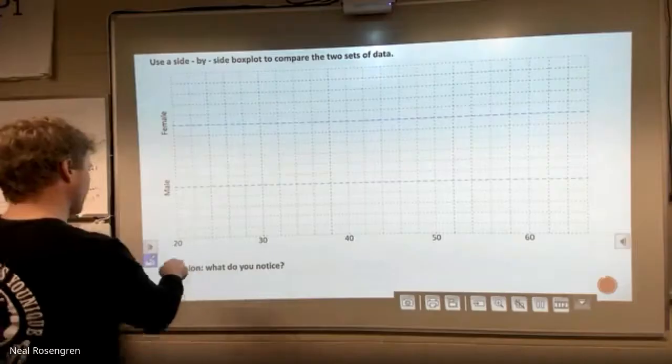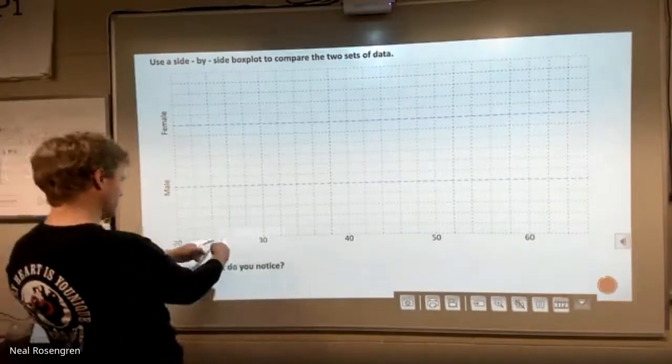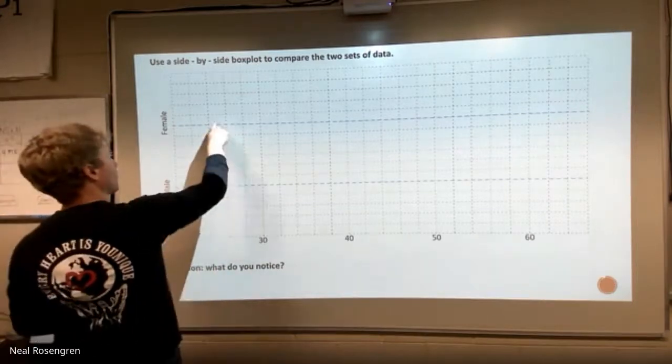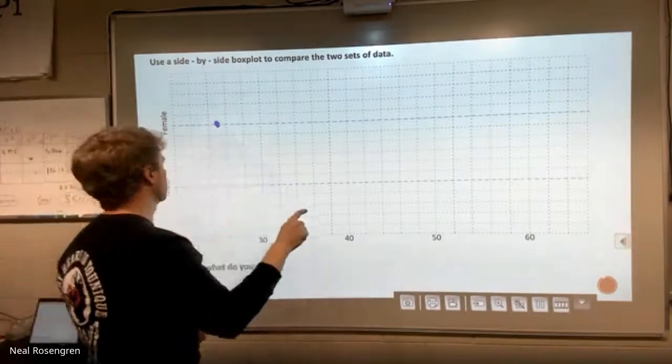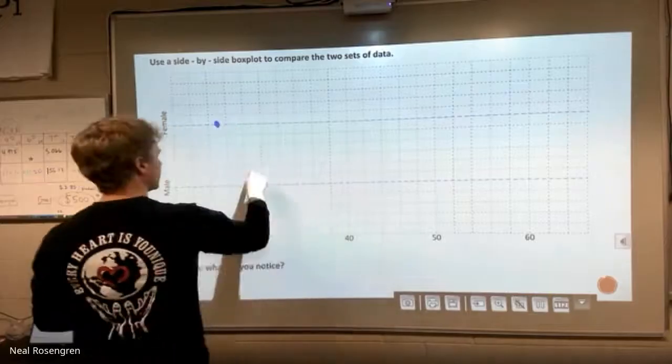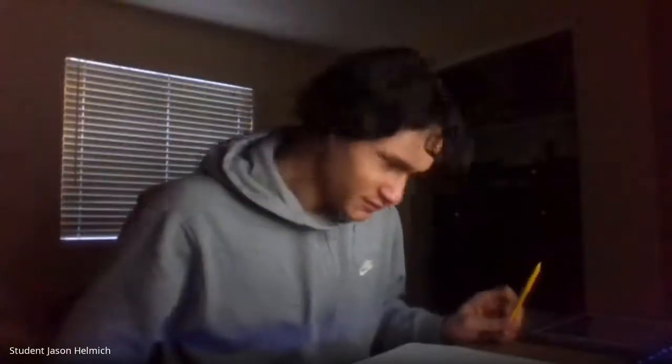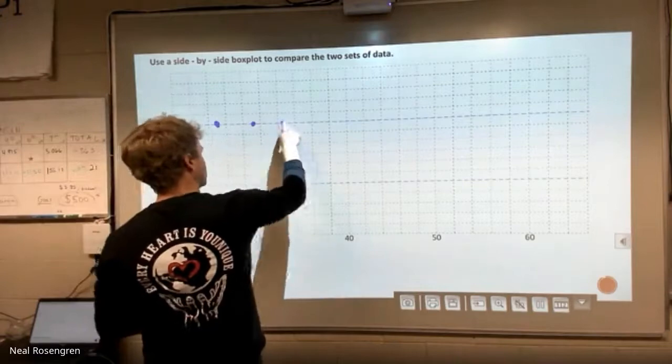25. Okay, so there's 20, there's 30, so halfway in between. So 20, 22, 24, 26. All right, so 25 is right there. Q1 28.5, so in the middle of this box somewhere. 32.5, so just past 32. 35, and 61.